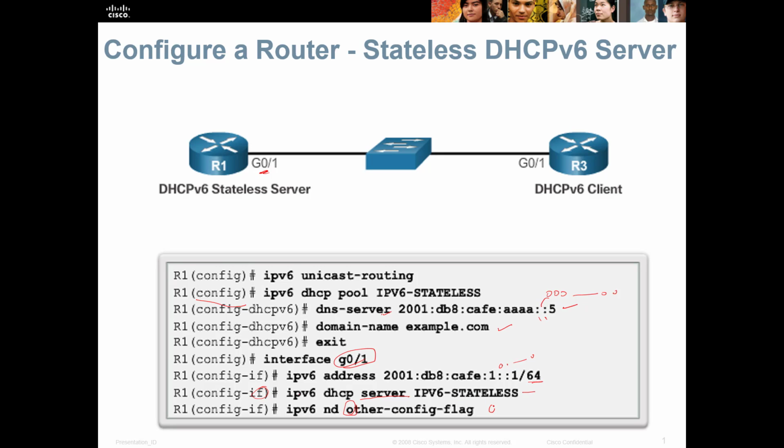This turns the O bit to 1. Okay? So that's configuring a server. You haven't declared how it's going to be used or anything. You've just configured a server and made it viable on R1 port G0/1.